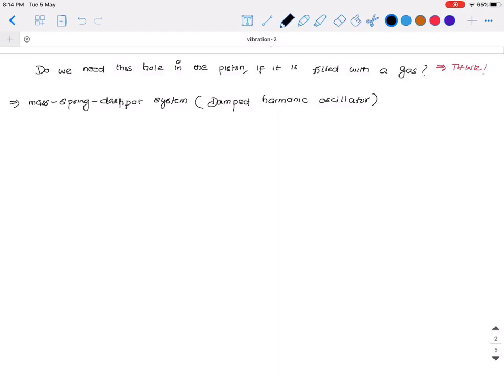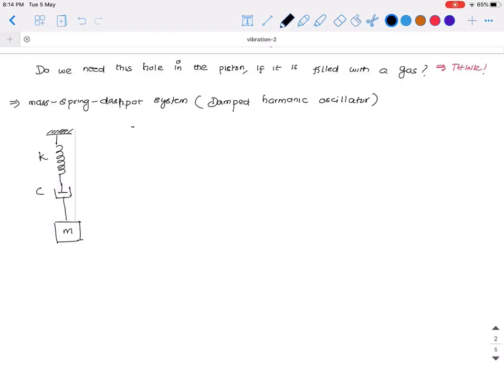Okay, so we have a spring attached with a dashpot, and we have a mass attached to it. So the spring constant is K, the constant of dashpot is C, and this is M.